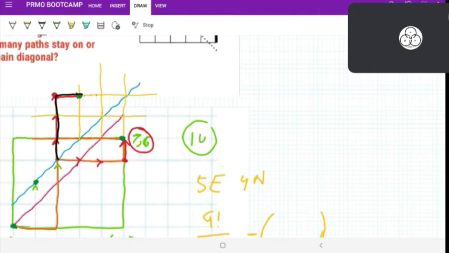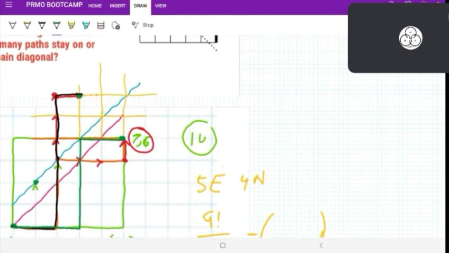Now let me draw another path which crosses the red line. Let me take a different color. See, it has crossed it successfully. Fantastic. It has crossed the red line successfully.